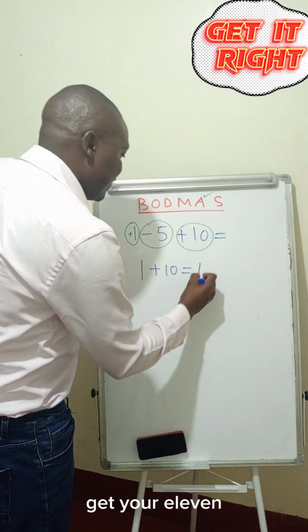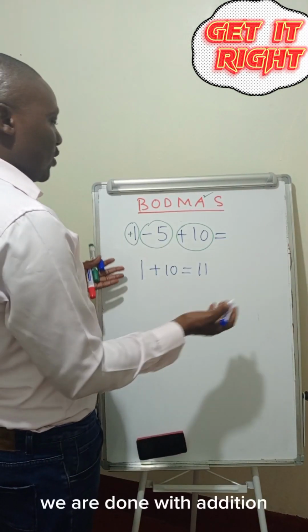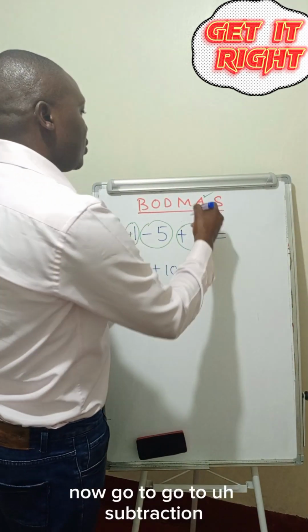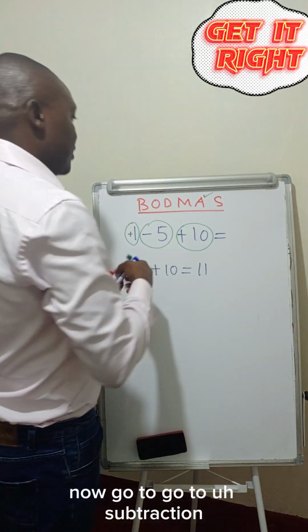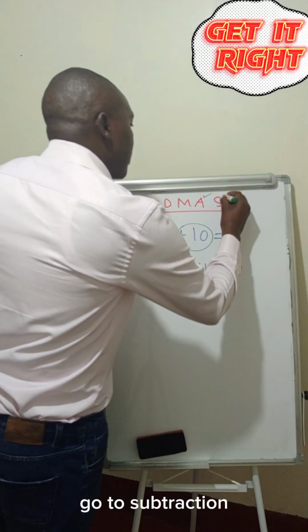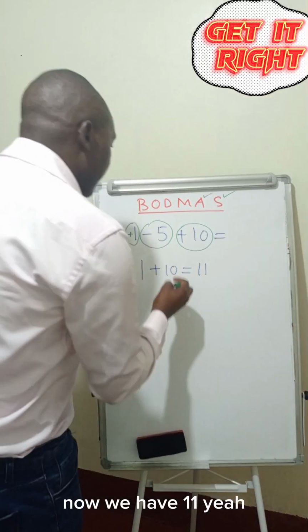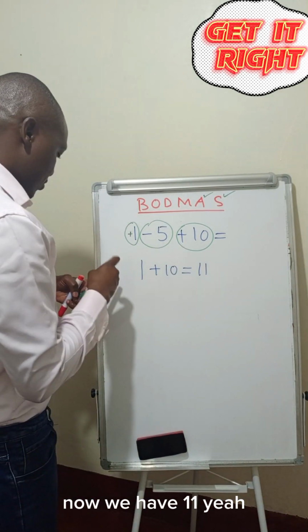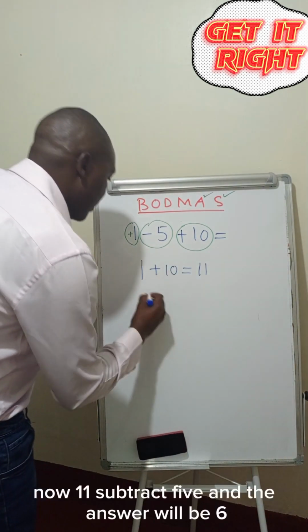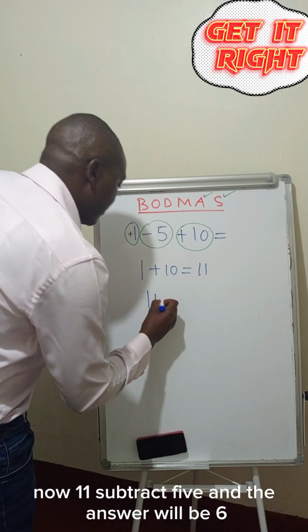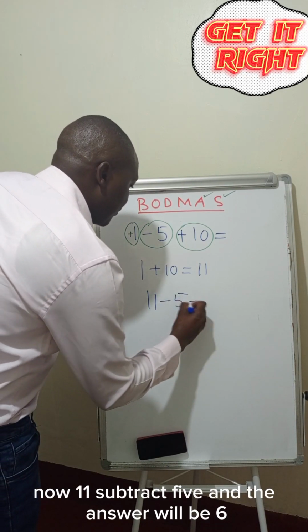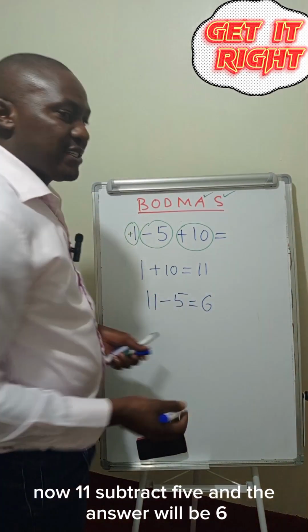Get your 11. We are done with addition. Now go to subtraction. Now we have 11 subtract 5, and the answer will be 6.